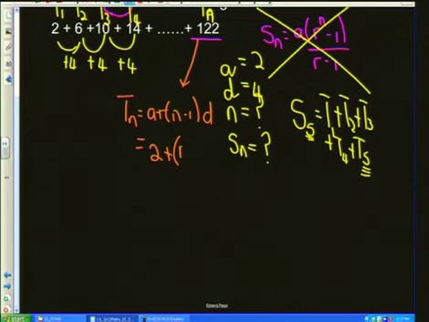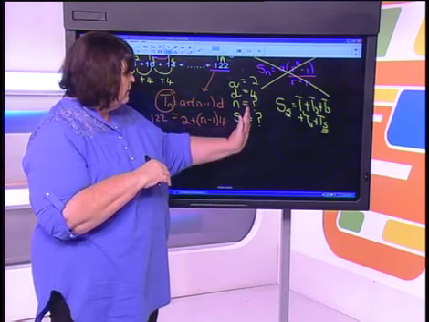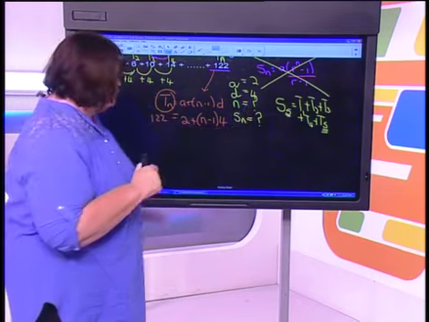We don't know n. We do know d, it's 4. But do we know this? Yes, we do. It's 122. So we're going to put 122 in there. Now, knowing that, we only have one unknown, which is n. If we solve for n, we can then go to the other formula, because now we know 3 of the 4 things. So what helps is to put on the side what you need to find and then to say, what have I got? And it helps you direct yourself.